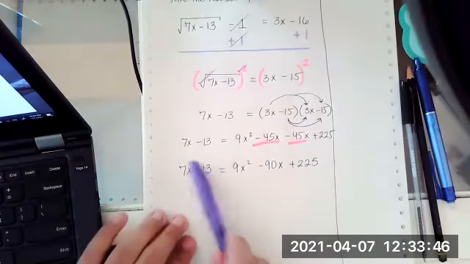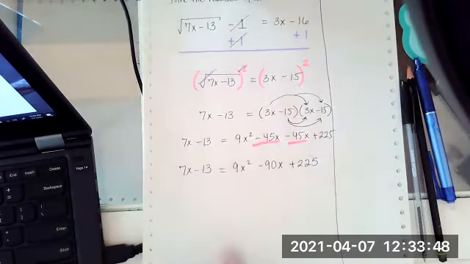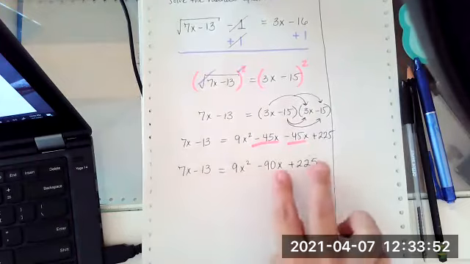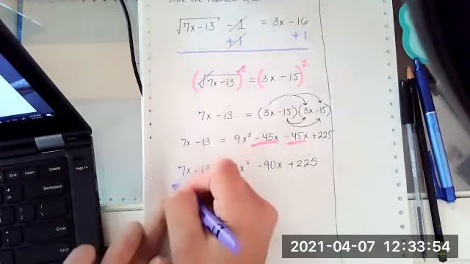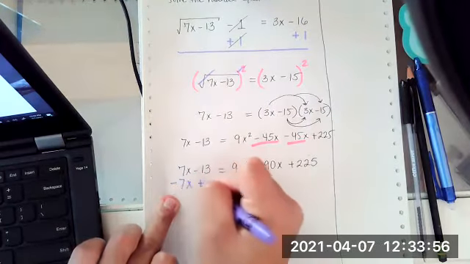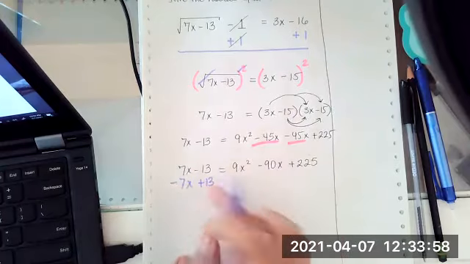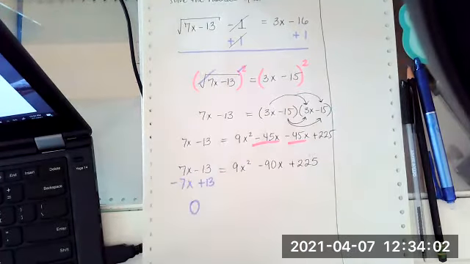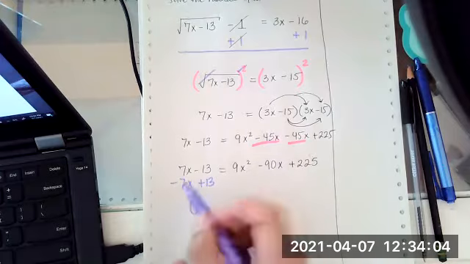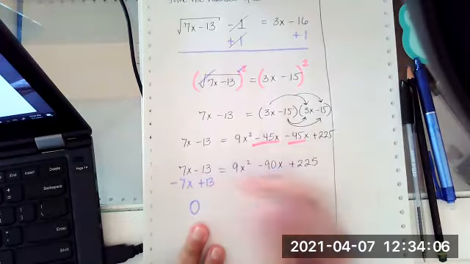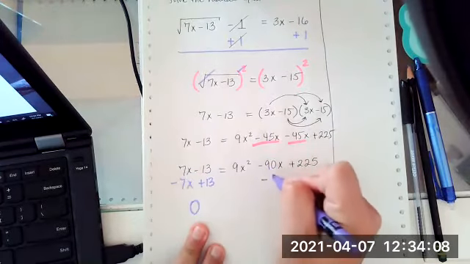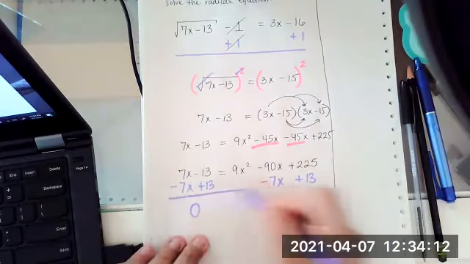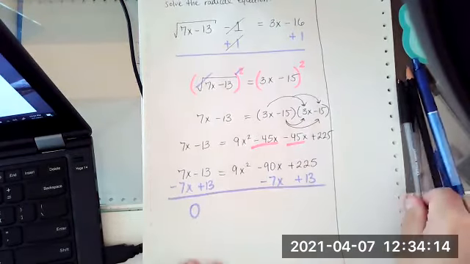So what I want to do is move everything over to one side of the equation. And since the x squared's over here, I'm just going to move these two terms to be with their buddies. And I'll go ahead and subtract the 7x and I'll add the 13, just the 13, because I'm trying to cancel them out so I get 0. And if I do that on one side, I have to do the same thing to the other side. So I will subtract 7x and add 13 here.